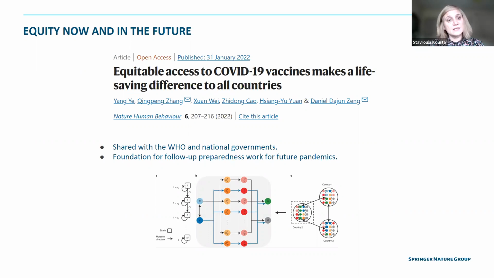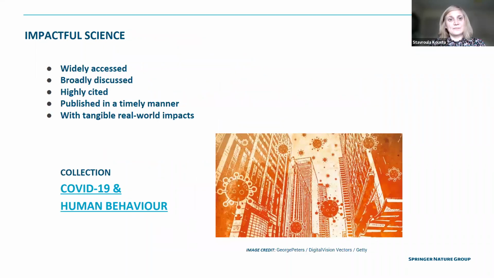And this paper showed that it is enlightened self-interest to distribute vaccines equitably, because without equitable distribution of vaccines around the world, new variants emerge, which means that the pandemic becomes systemic and is much more difficult to eradicate. So enlightened self-interest, work that the authors shared with the WHO and national governments, and that has formed the foundation for follow-up preparedness work for future pandemics.